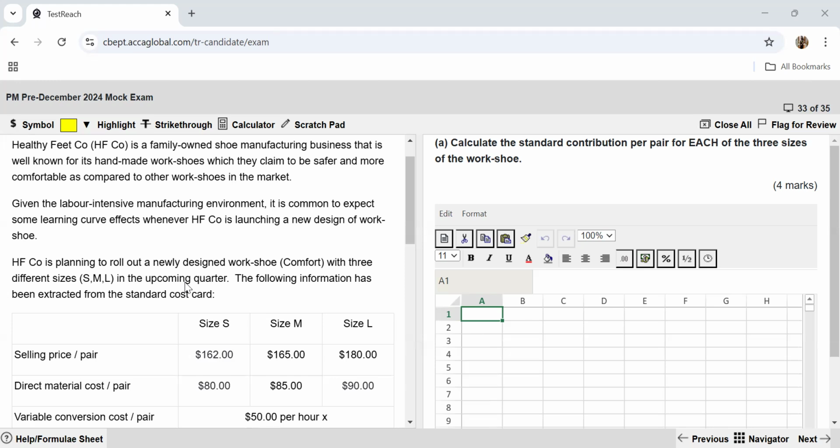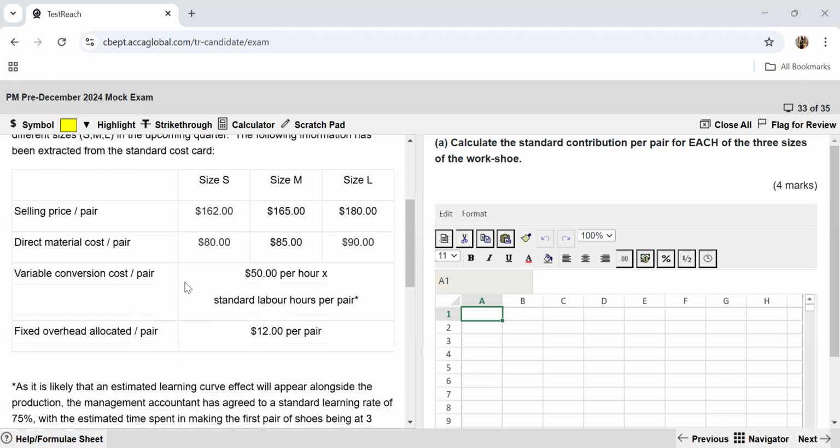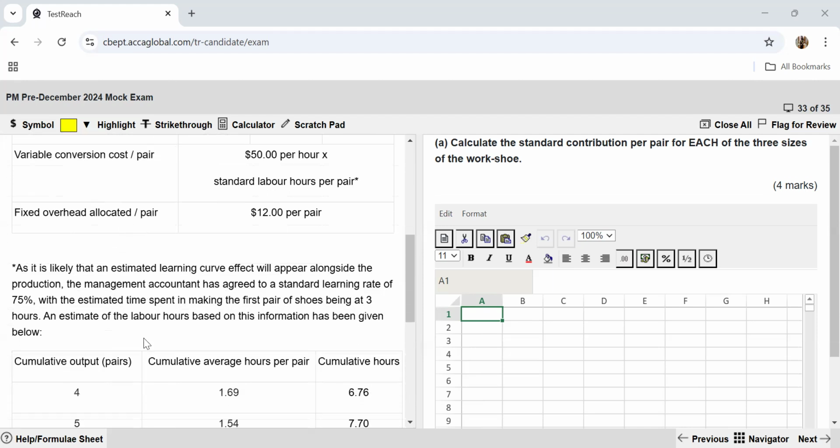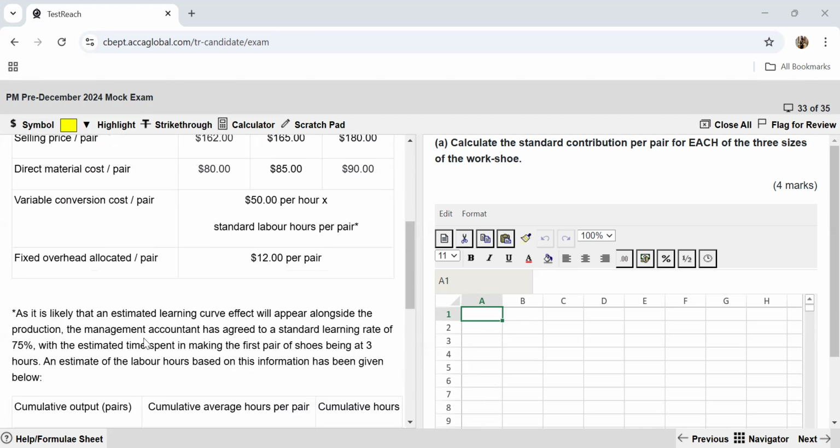Following information has been extracted from the standard cost card: size medium, small, and large. You have the selling price per pair, direct material cost per pair, variable conversion cost per pair, and the fixed overhead allocated per pair. And there's a star when it comes to the variable conversion cost, as it is likely that an estimated learning curve effect will appear alongside the production.